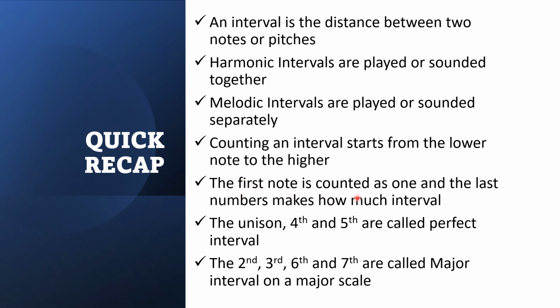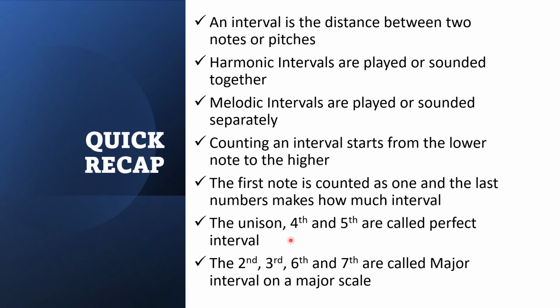Then the first note is counted as 1, and the last number tells you the interval. So like I said, usually when you count from 4 to 10, you count 5, 6, 7, 8, 9, 10, and you get 6. But in music, you count the first note. So that means when you count from 4 to 10, the interval will be 7, because 4 is 1, then 5, 6, 7, 8, 9, 10, which is 7.